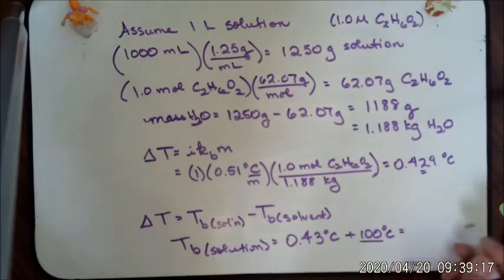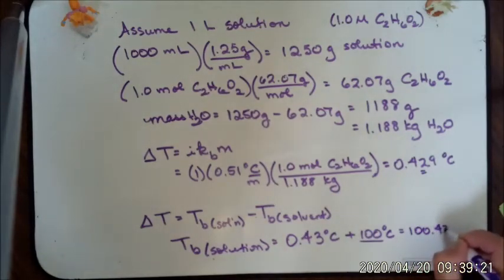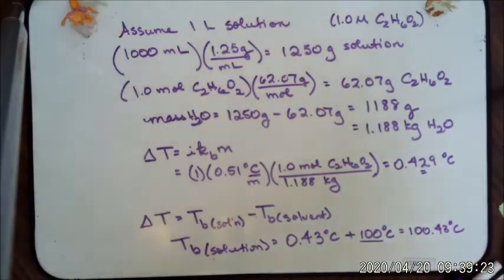We know that's always going to be the case for water. So we get 100.43 degrees Celsius. So that's how you work it when you're looking at boiling point elevation. And you can also get molar masses when we look at this. So that's what we did with the melting point depression.